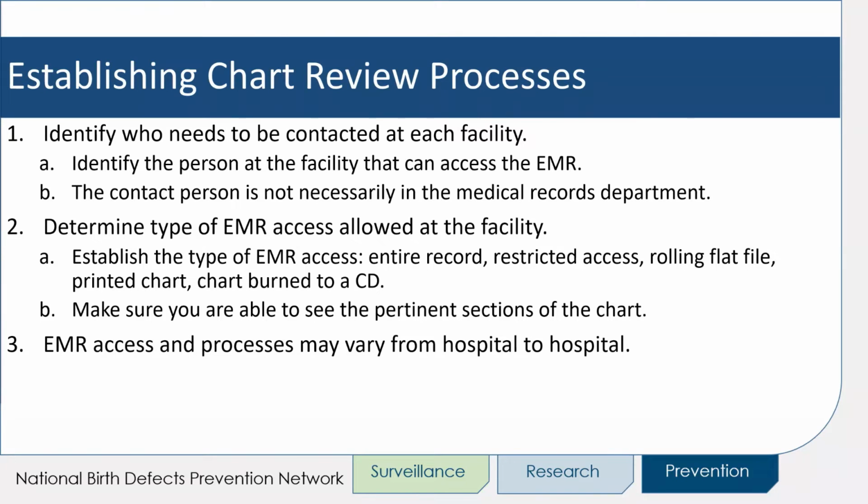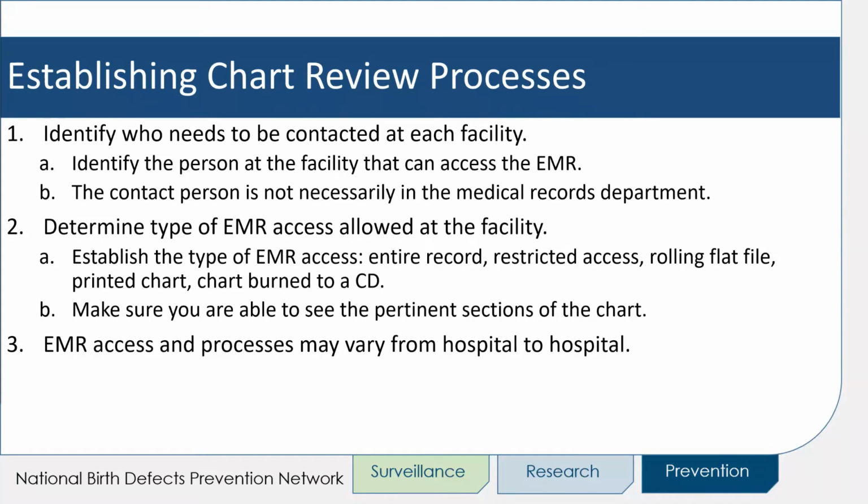Establishing chart review processes. Identify the individuals who need to be contacted at each facility. Identify the person at the facility who will give you access to the EMR. That contact person should be in the medical records department.